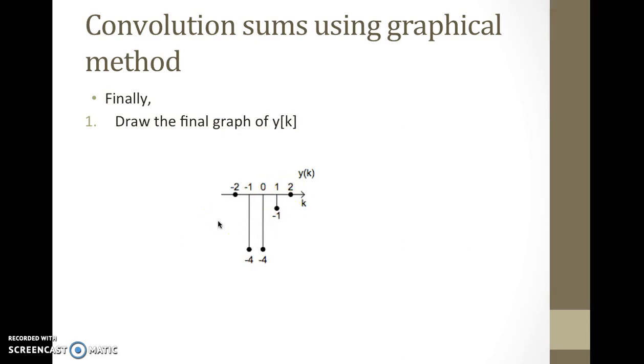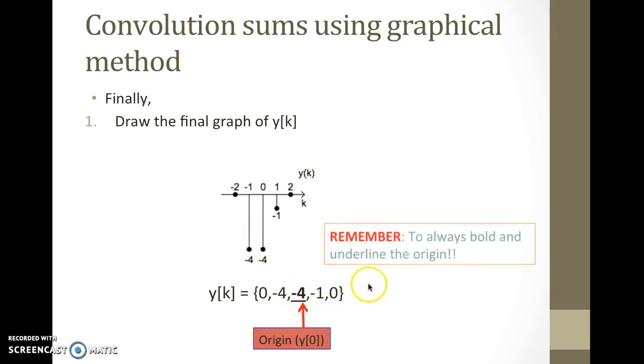Then you write the whole equation here: y of k equals 0, minus 4, minus 4, minus 1, and 0. Remember that this is the origin, y of 0. Always bold and underline this origin so that we know it is the origin of y0. Alright, that's all. You have already completed the exercise.